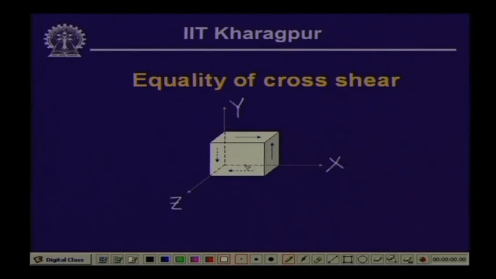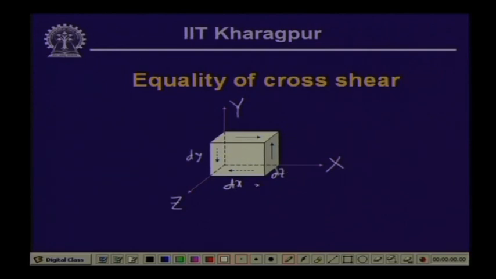Now, if we take the moment of all the forces, let us assume that the distance we have taken at a particular point in the body is dx, the vertical height being dy, and along z direction the width being dz.